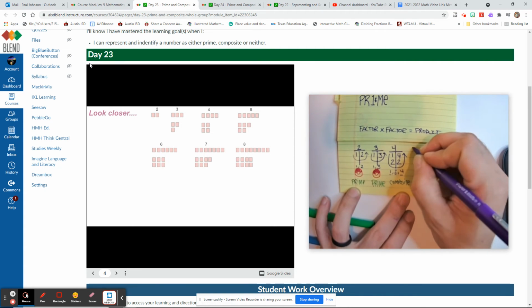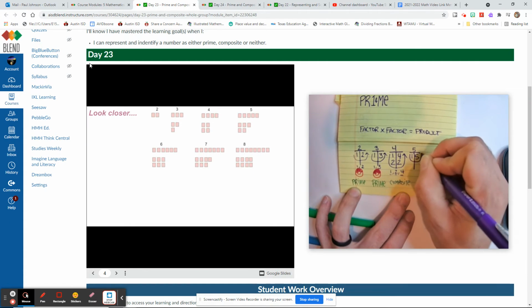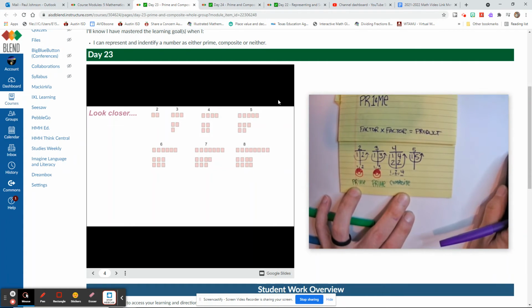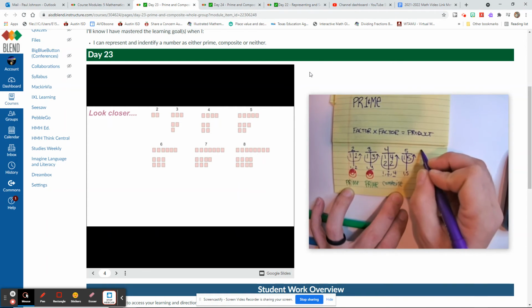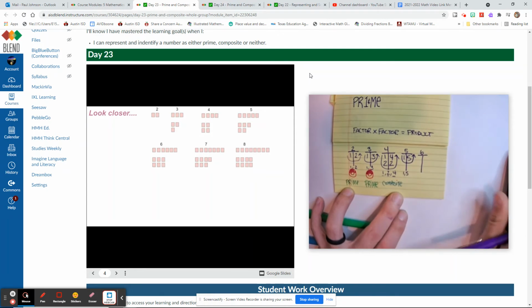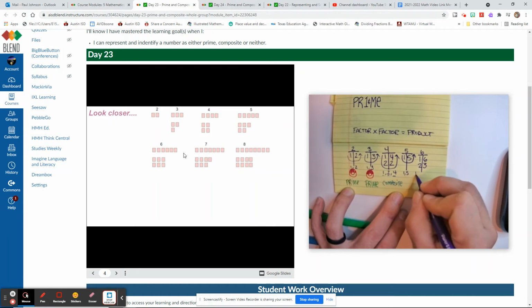So we can look at 5. 5 also can only be made with 1 times 5. If you look at the array over here, 1 times 5, this is not an array. All right, so the factors for 5 are 1 and 5. Now let's look at 6. 6, we can do 1 times 6, or we can do 2 times 3. 6 has four factors, 1, 2, 3, and 6.